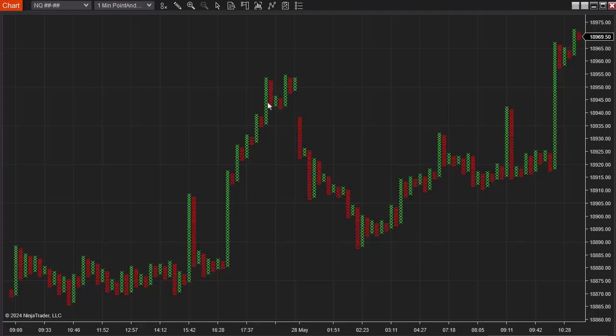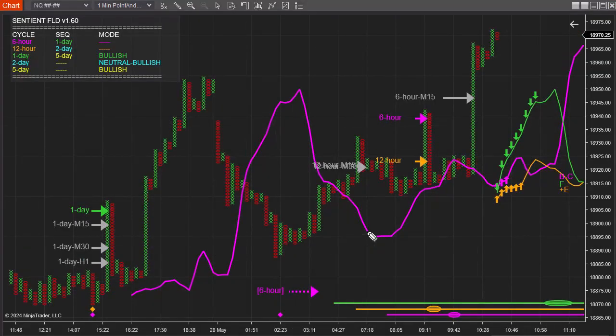Nevertheless, we can apply the sentient FLD indicator to this chart too. And here is our time-based analysis on the point and figure chart. Notice that, of course, the FLD indicator does choose a set of cycles to work with and apply to the analysis, and you will notice some targets being reached very accurately.